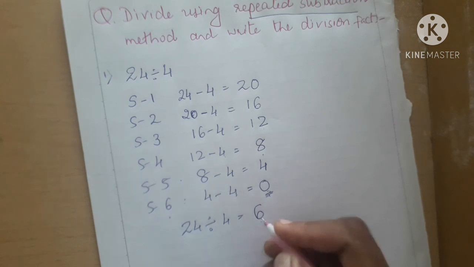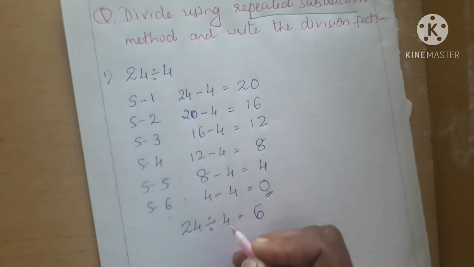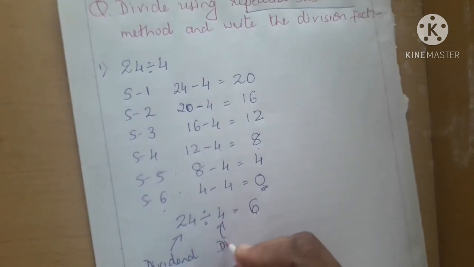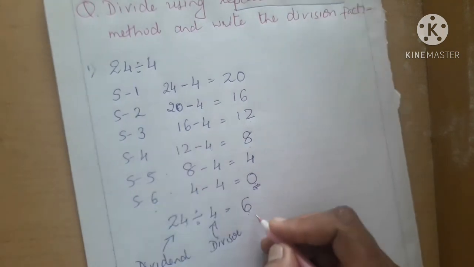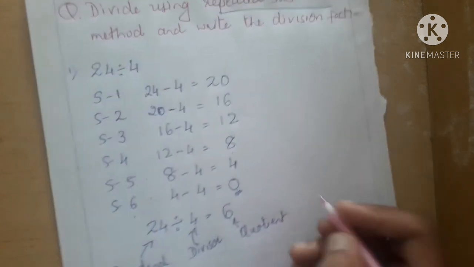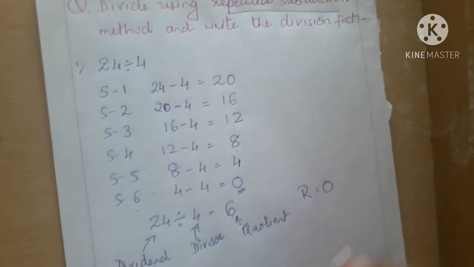Fine. And this was your divisor. This is your dividend. So here I will write dividend. This was your divisor. This is your quotient, and the remainder is 0.